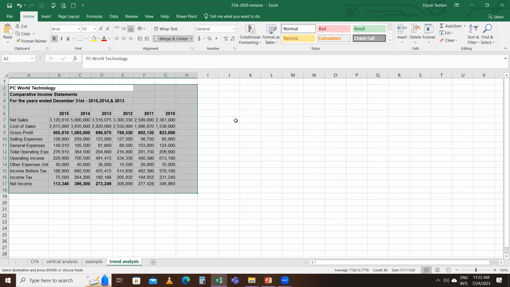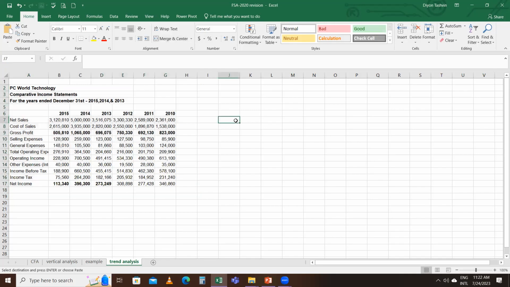Without a base year, you can't prepare a trend analysis. Trend analysis is also a horizontal analysis method, but here there should be a base year. The base year is most of the time the previous time period or the earliest time period.